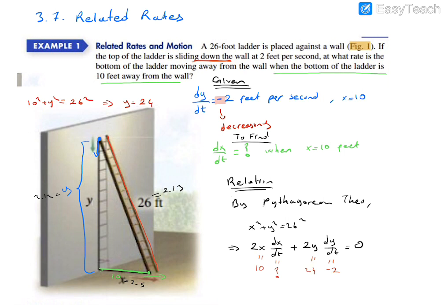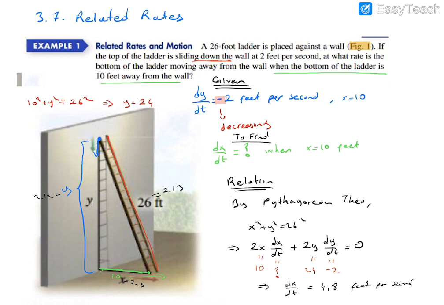So from here you can calculate dx over dt easily. As a result, dx over dt equals minus 4.8. On the other side, 4.8, so 4.8 feet per second.